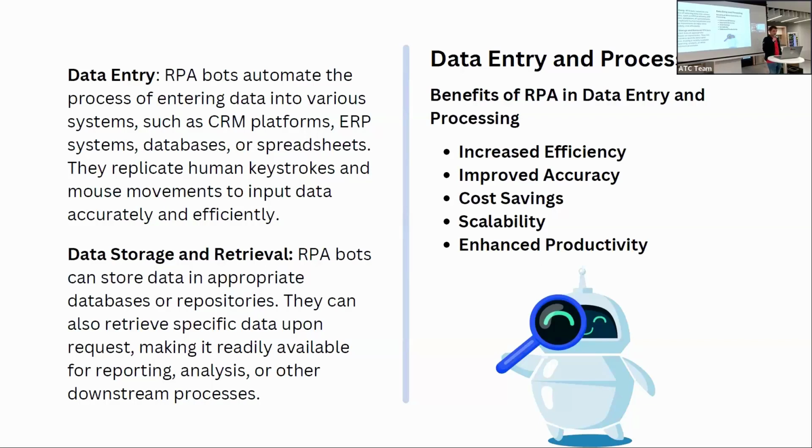The cost savings comes from where you'd have somebody actually sit and pull this information and input it. You can just run a bot to do that, freeing up that person's time to work on something more productive.